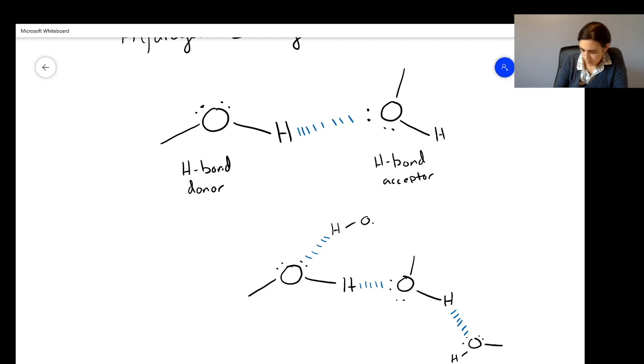So alcohols act as both hydrogen bond donors and acceptors.